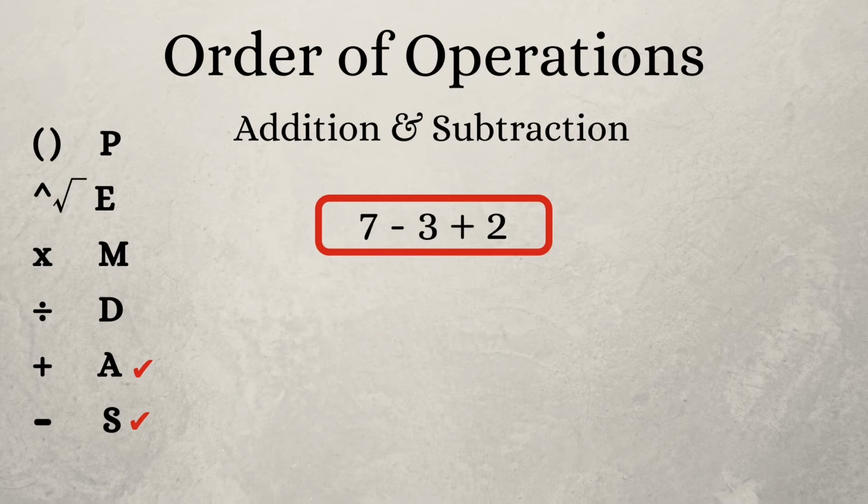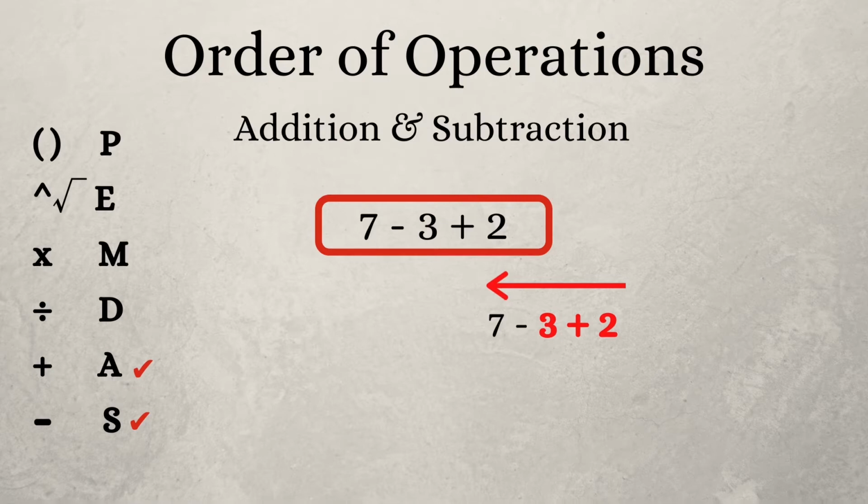7 minus 3 plus 2. When computed from left to right, we compute 7 minus 3 first, which gives us 4, and that is added along with 2 to give us the final answer of 6. Now let's check out from right to left.